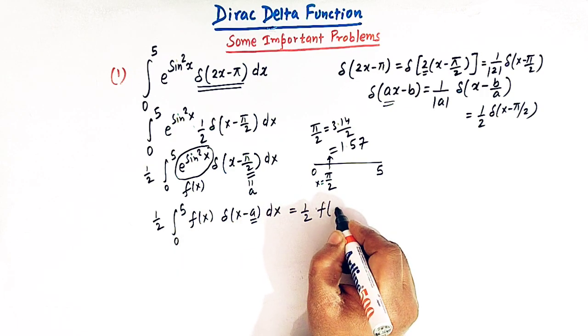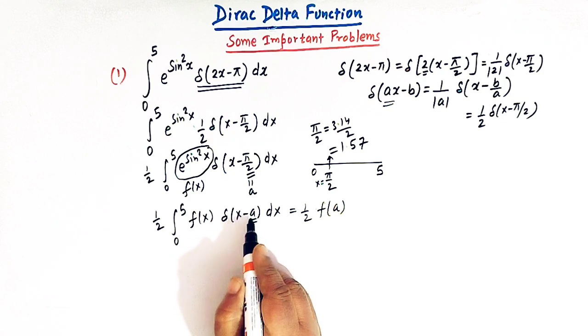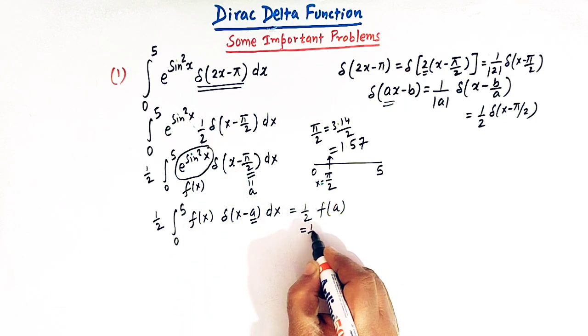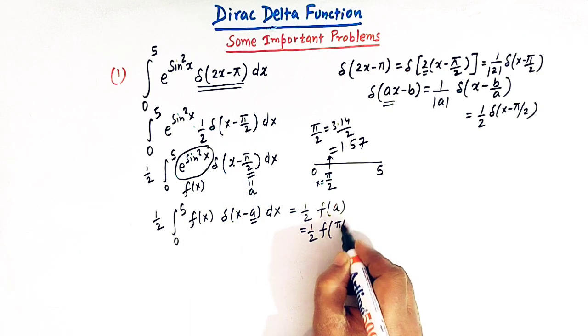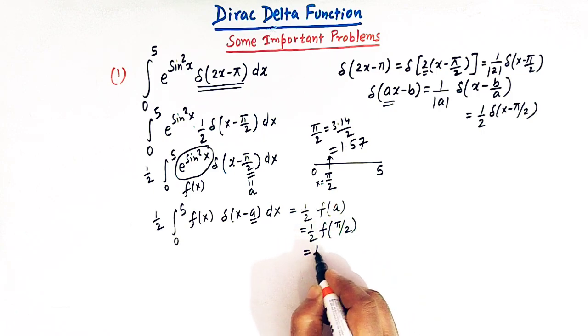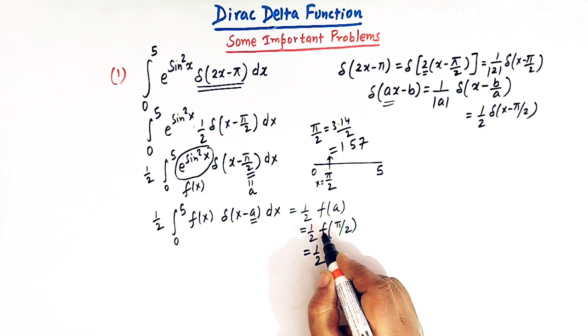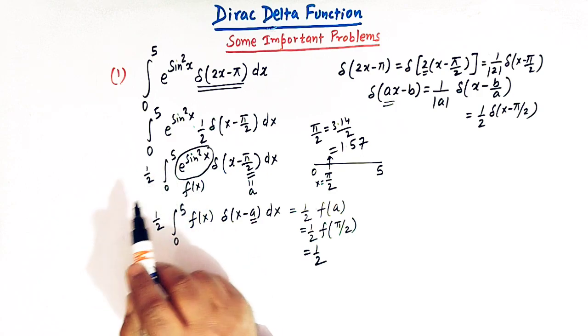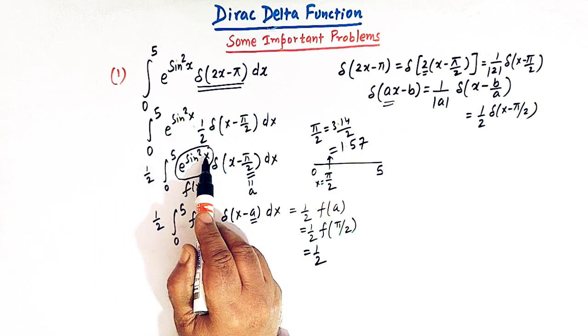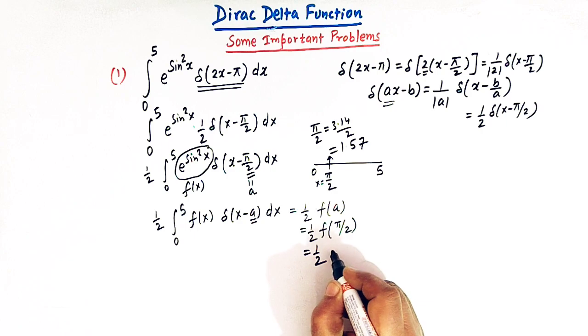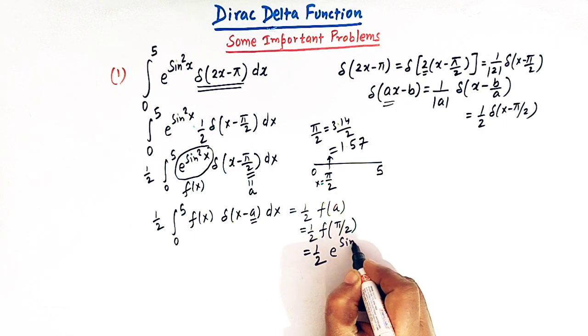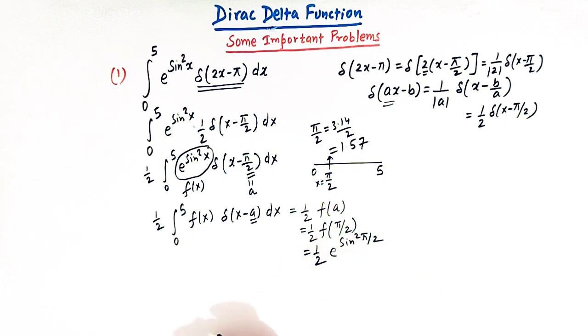So we have f of a, and a is pi by 2, so we have half f of pi by 2, and f of pi by 2 can be calculated by taking x equal to pi by 2. So we have e raised to sine square pi by 2, right?